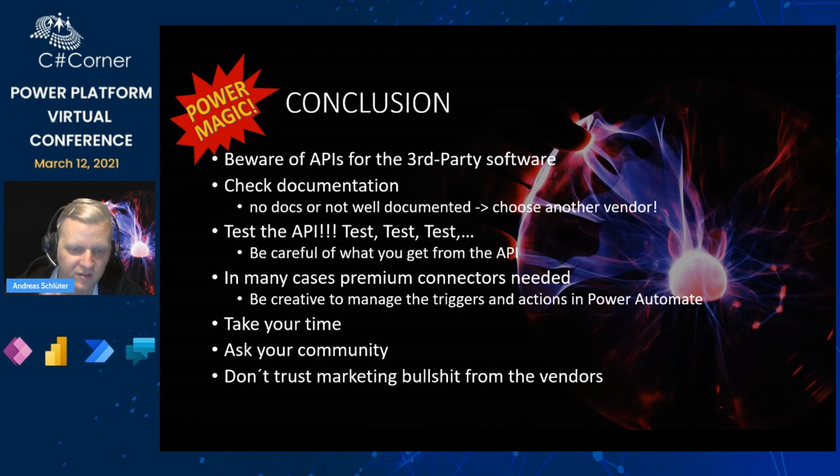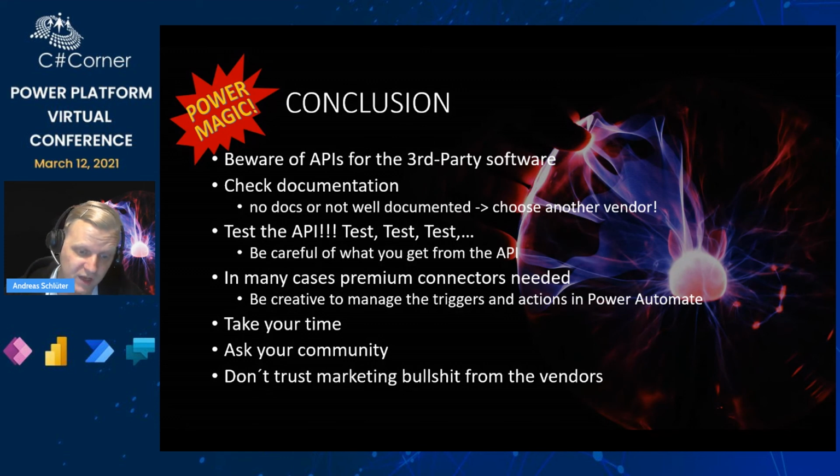This was very fun. So what is the conclusion for you? Beware of the APIs from third-party software. Like I said, the one API gets you back everything they have, but you do not want that. So you have to deal with the schema, because this was one of the main parts that threw many exceptions at us.